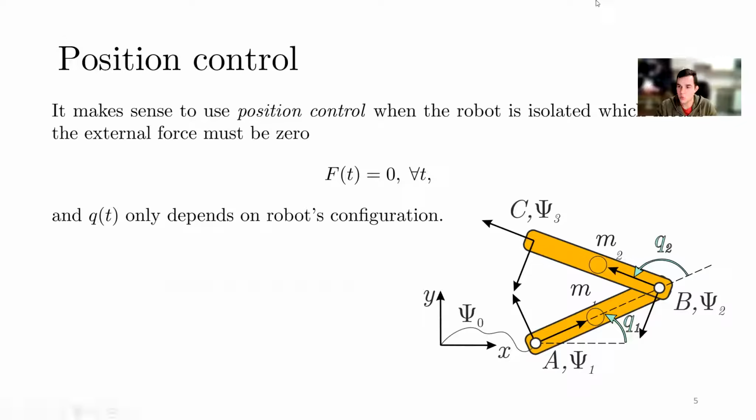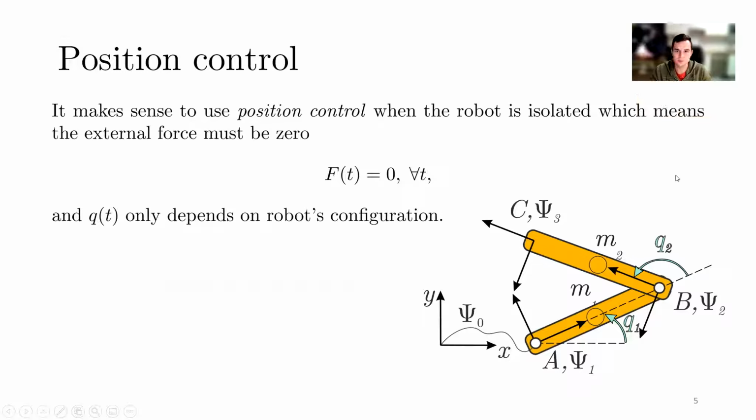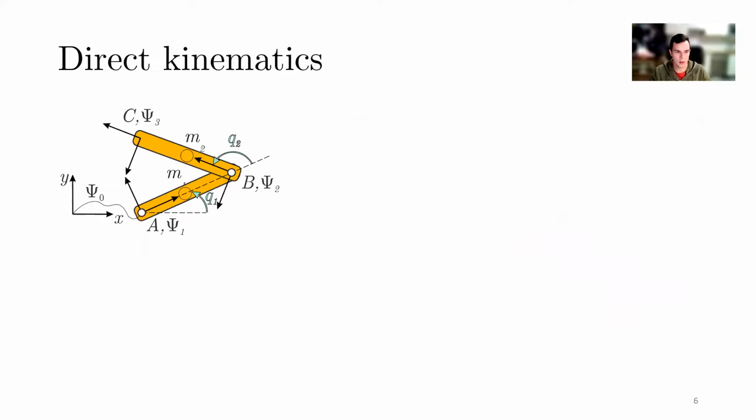All right, so we will start with the position control. We use position control when the robot is isolated, and it means that the interaction force needs to be equal to 0, and the whole robot state depends only on kinematics, right? So let us consider this 2R robot.